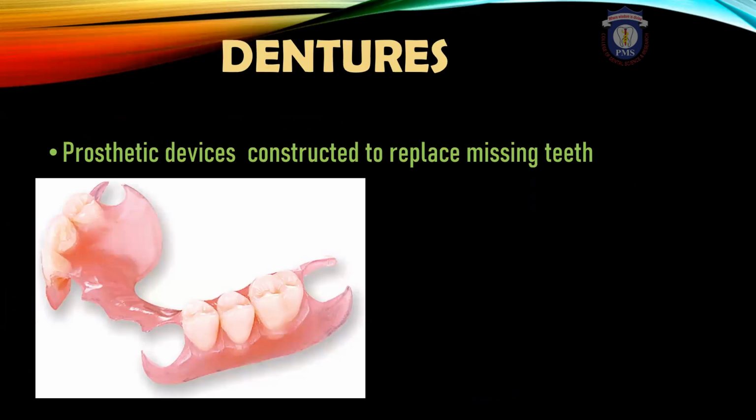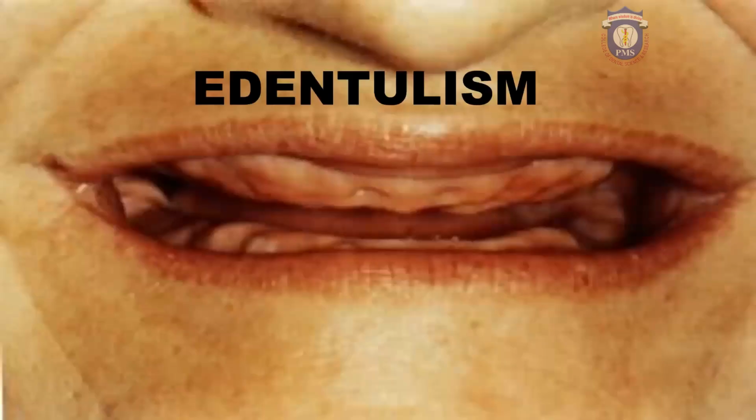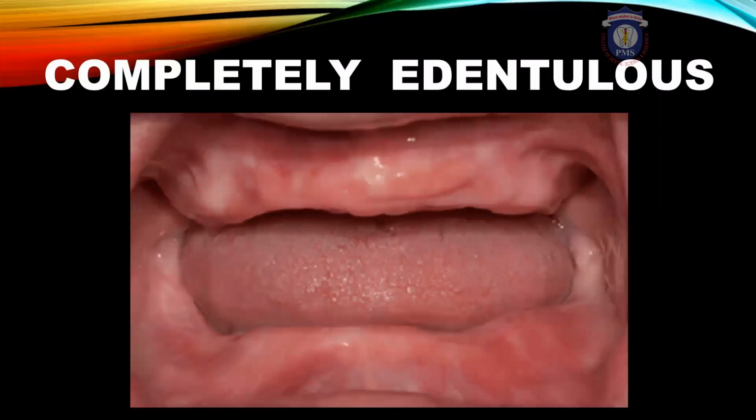Then basically when we come to dentures, these are prosthetic devices constructed to replace missing teeth. This is a partial denture. There are different types of dentures, and the second picture shows a complete denture. A denture is placed when there is edentulism, where a completely edentulous mouth is replaced with complete denture prosthesis.